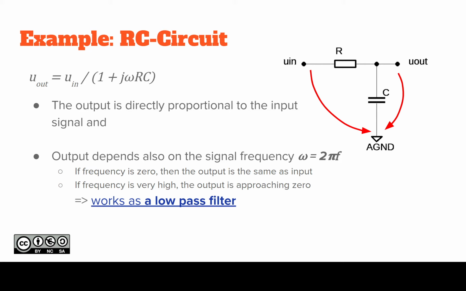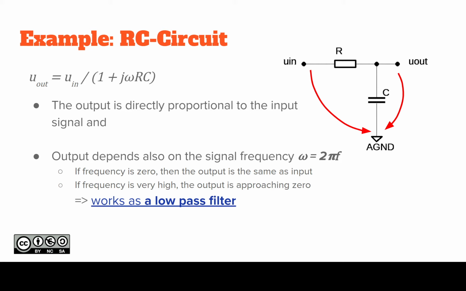On the other end of the frequency range, if the frequency is very high, so omega is gazillion, much bigger than this 1 over RC, so basically omega RC is around 1000, then we don't have much of anything left from the signal.